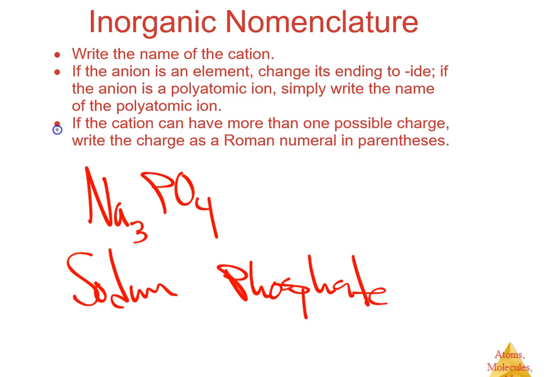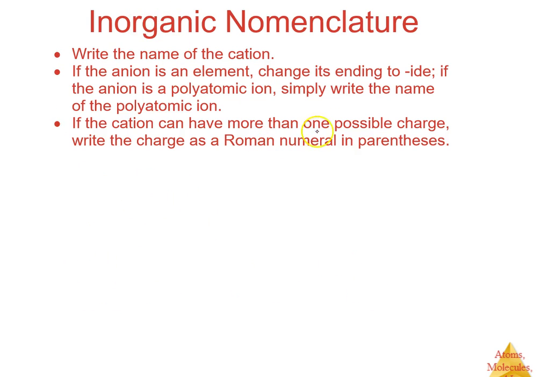All right. Then, this should be like a star, a flag, like a red flag or something. This last part. If the cation can have more than one possible charge, aka it's a transition metal, write the charge as a Roman numeral in parentheses.